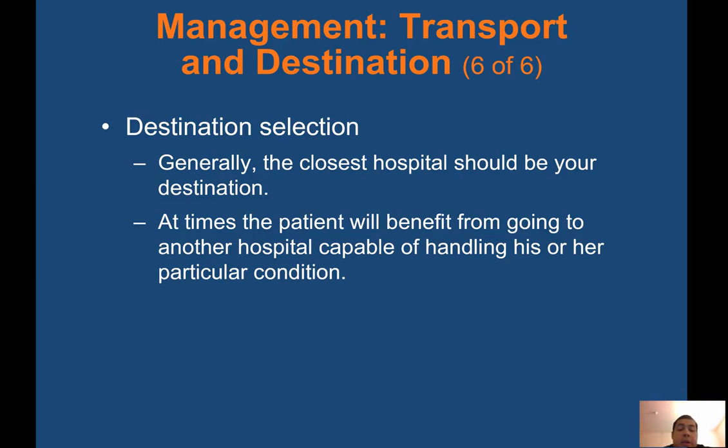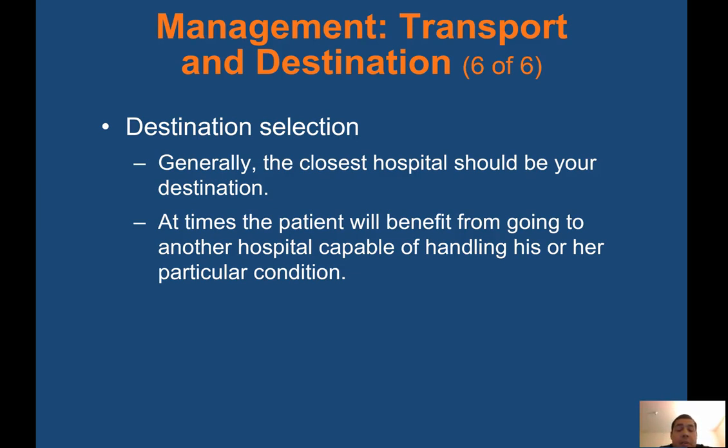Destination selection. Generally, the closest hospital should be your destination. At times, the patient will benefit from going to another hospital capable of handling his or her particular condition. We very rarely bypass hospitals depending on the nature of the call.